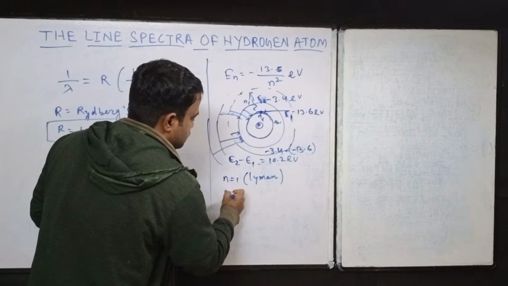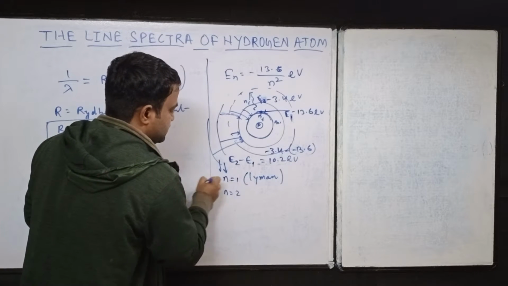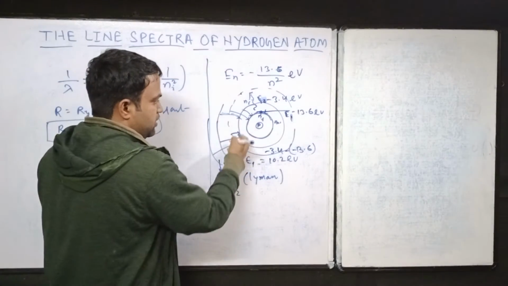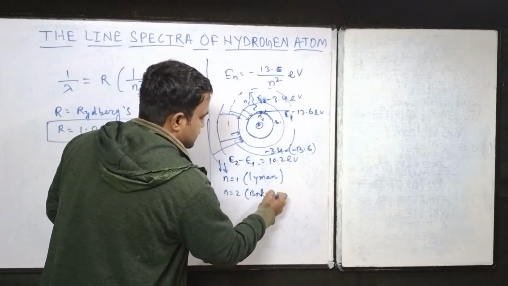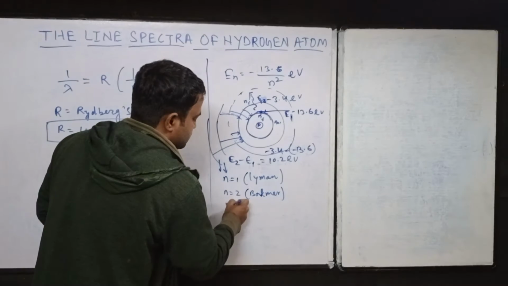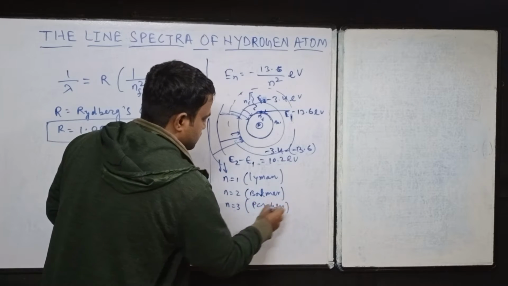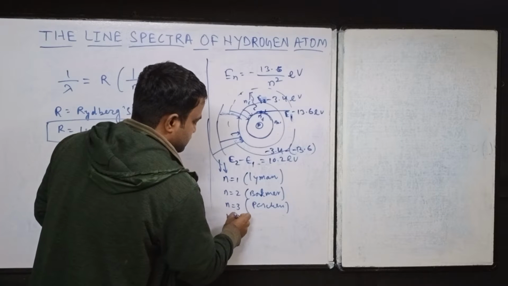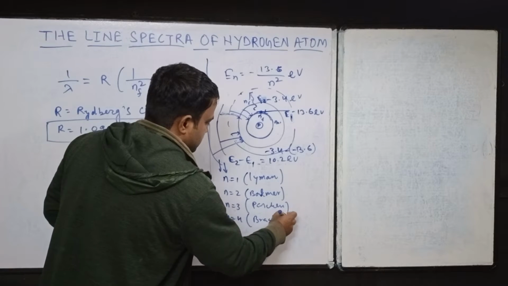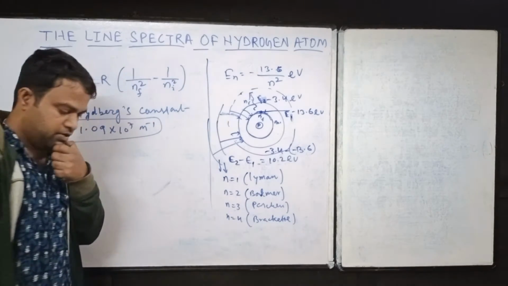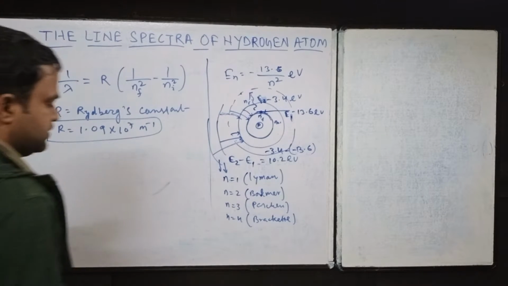The radiation to the first shell is the Lyman series, and the second one is the Balmer series, then n equal to 3 Paschen, then Brackett.